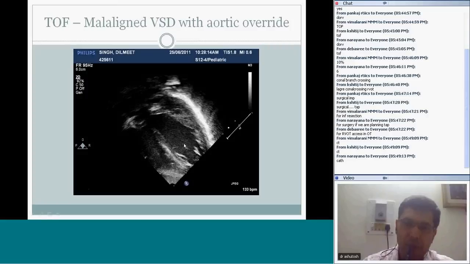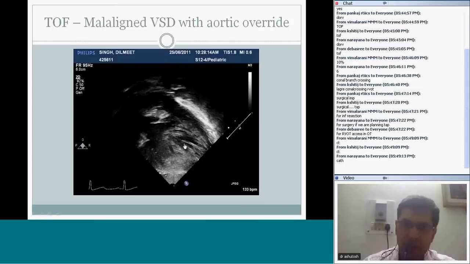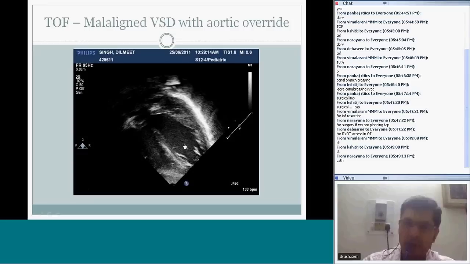This is an apical 4-chamber or maybe 5-chamber view as you would call it, looking at the aortic override and a large ventricular septal defect.